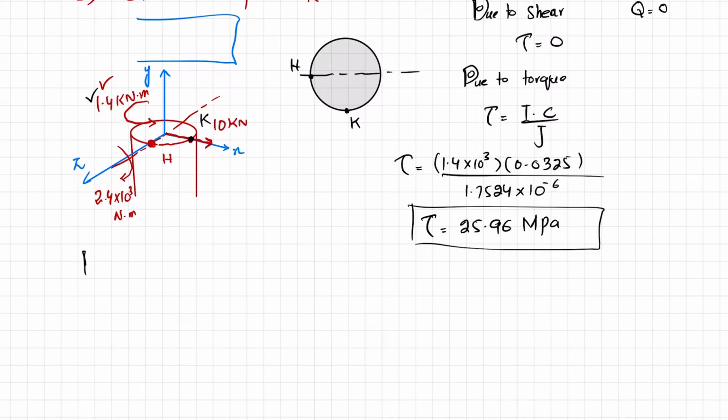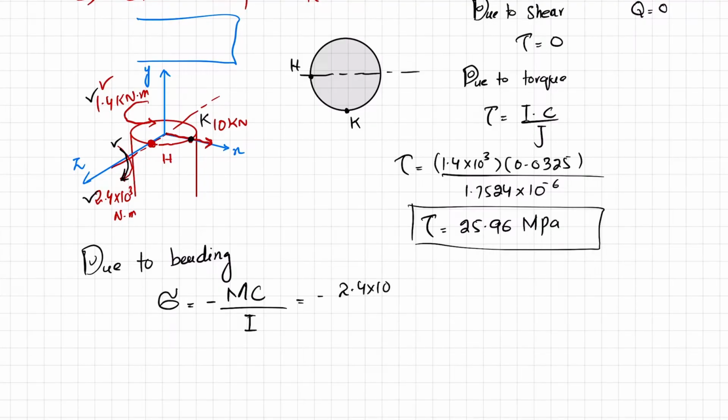Also, you can see due to this bending moment of 2.4 into 10 to the power 3, there will be bending stress. So this bending stress is equal to minus M C divided by I. This is clockwise. So minus MC divided by I, and the moment is minus 2.4 into 10 to the power 3, while C is 0.0325 divided by I, which is 0.8764 into 10 to the power minus 6.